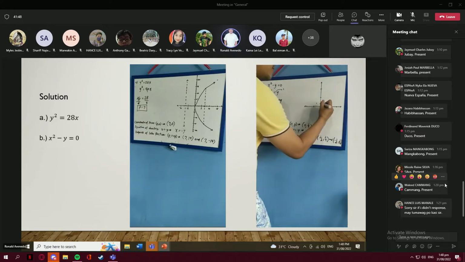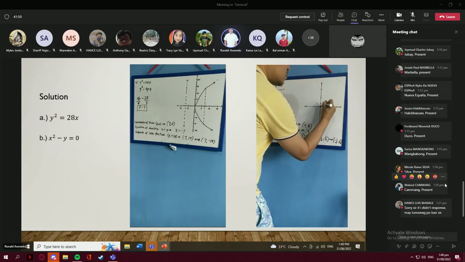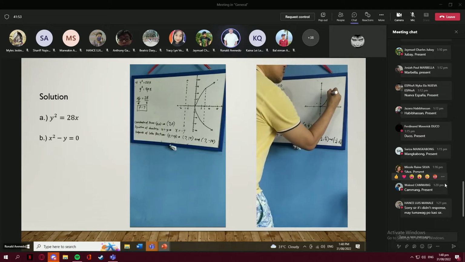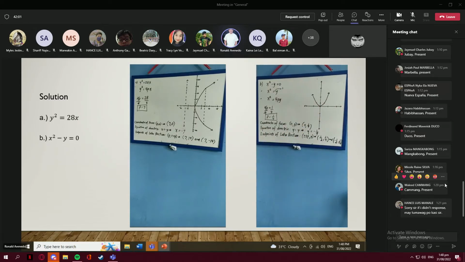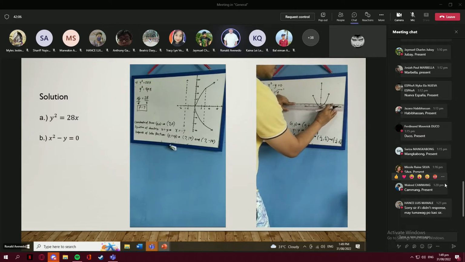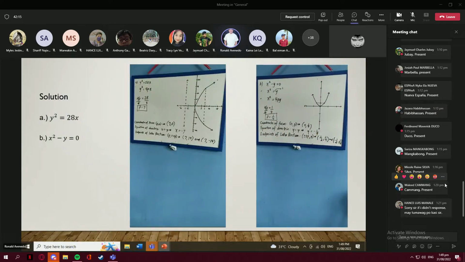So we can now connect vertex to one endpoint, then the other endpoint of latus rectum. So this is now the latus rectum. They should be collinear. Then for the equation of directrix, which is y equals negative 1/4, plot negative 1/4.